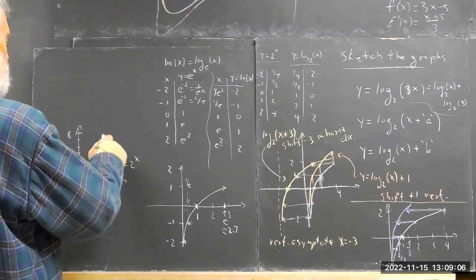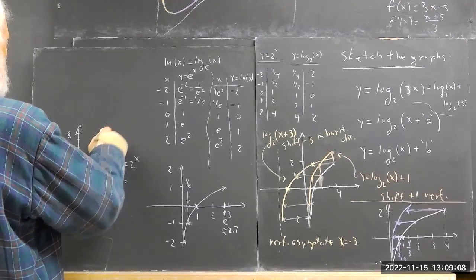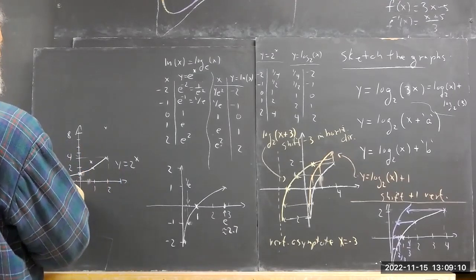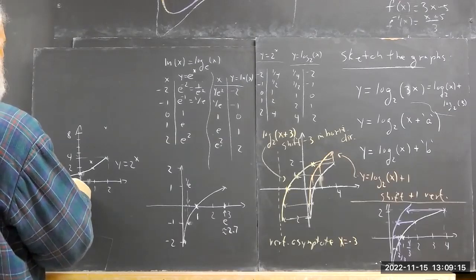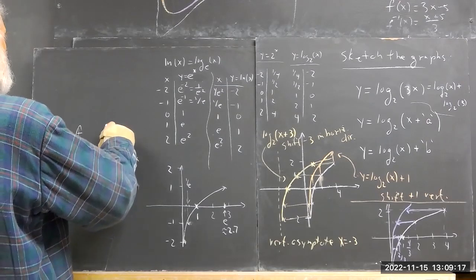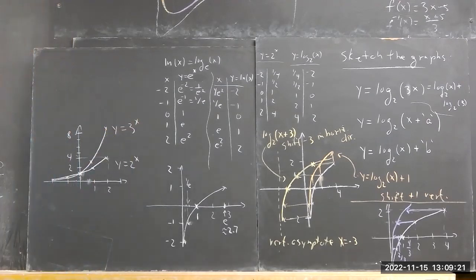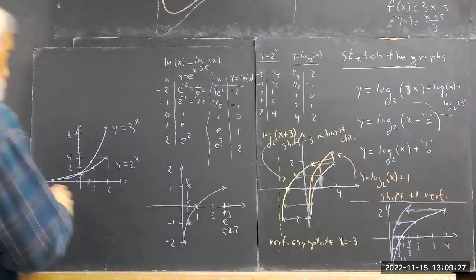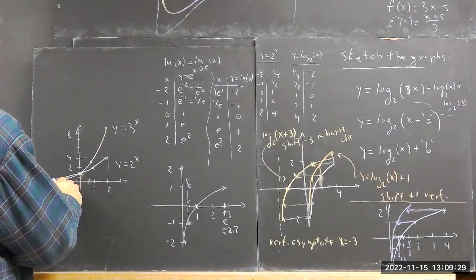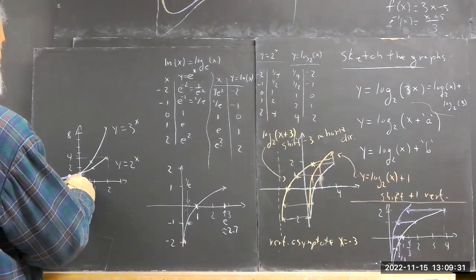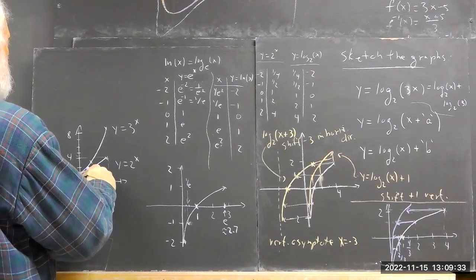And 3 squared is 9, so you're going to have a point up about here. You're going to go through the y-intercept. You're going to be a little lower than these points. Here's y equals 3 to the x.